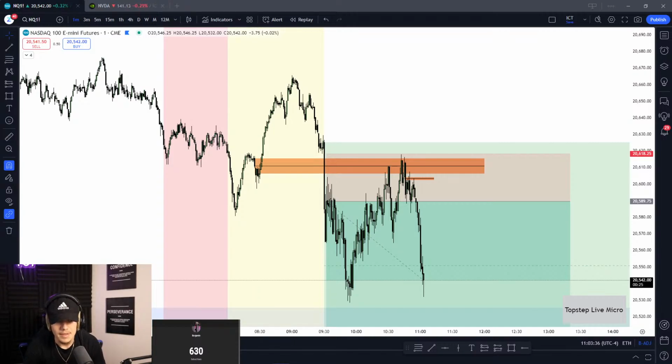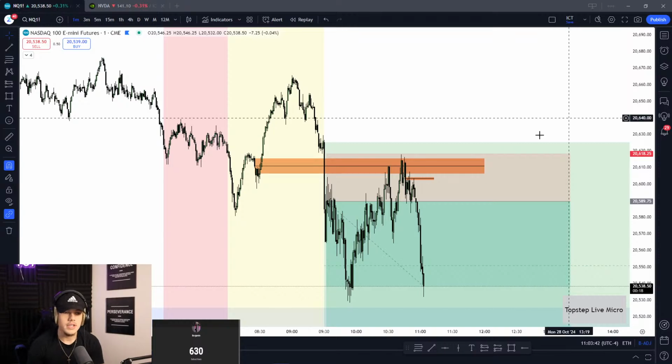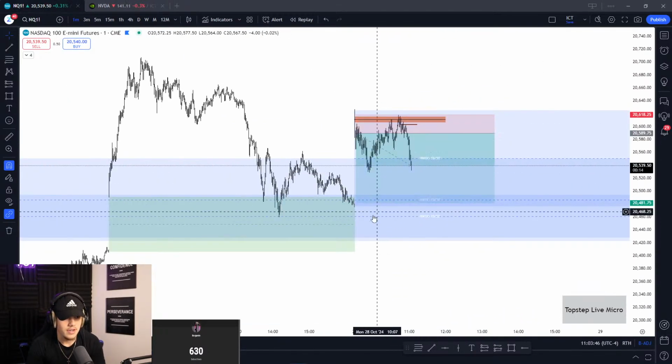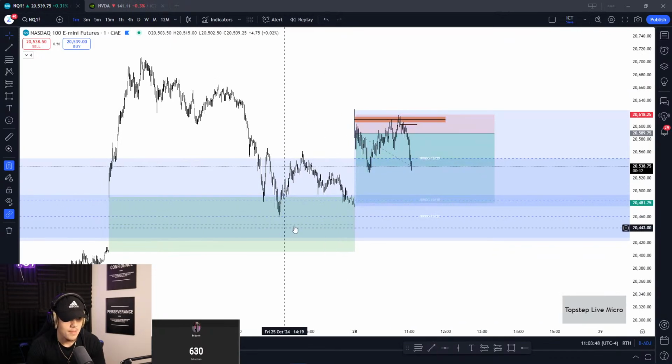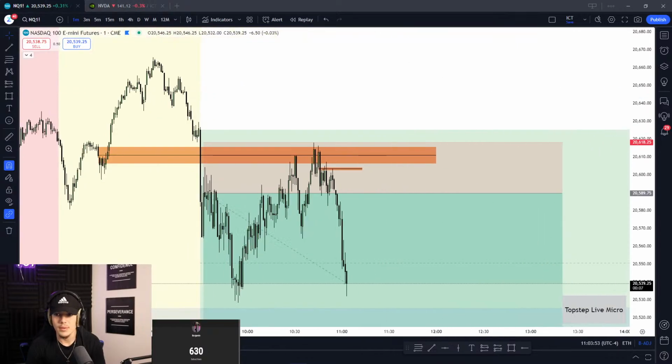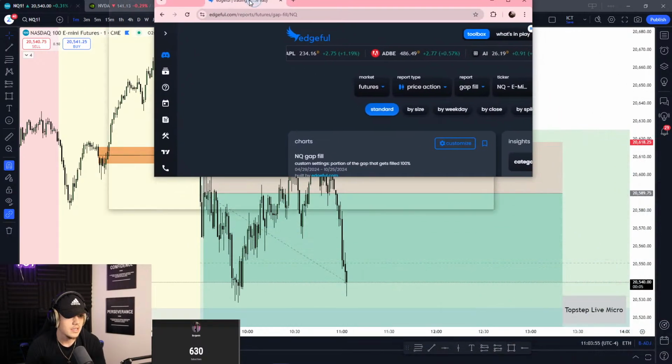So this is a gap up, right? If you look here, the reason why I'm in this amazing short targeting the low of that opening range gap instead of these lows is because of the company I've been using called Edgeful.